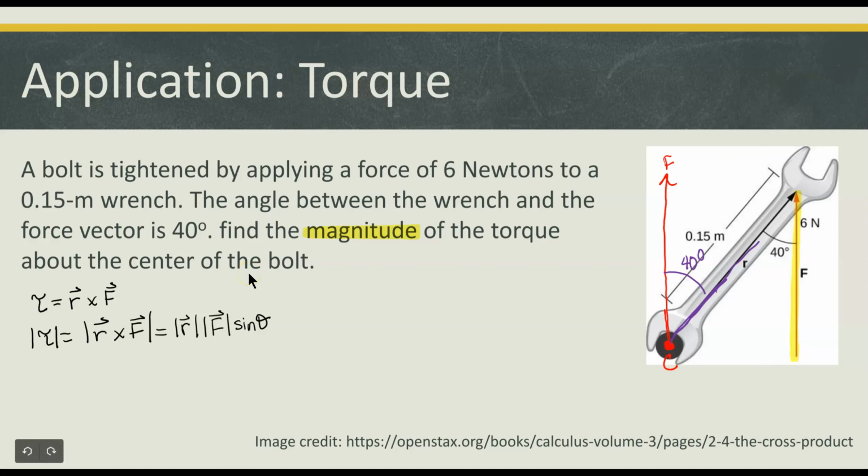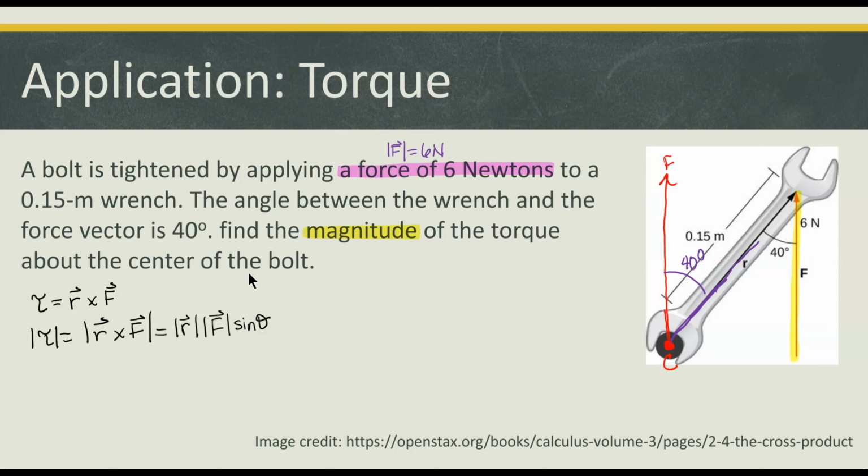Now going back to our problem statement, we're applying a force of 6 newtons. Notice that that's not given to us in a component form. So we can determine from that that this is actually the magnitude of the force. So we know that the magnitude of the force is 6 newtons.